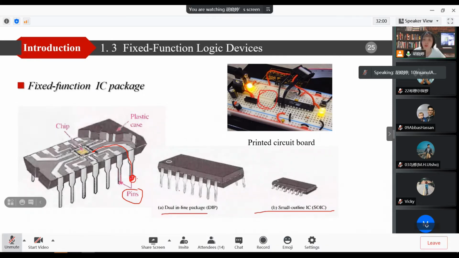You can insert these pins into this PCB and use some wire to connect this pin to another circuit or another IC, so that you can connect different ICs into one system to implement some complex system. Okay.